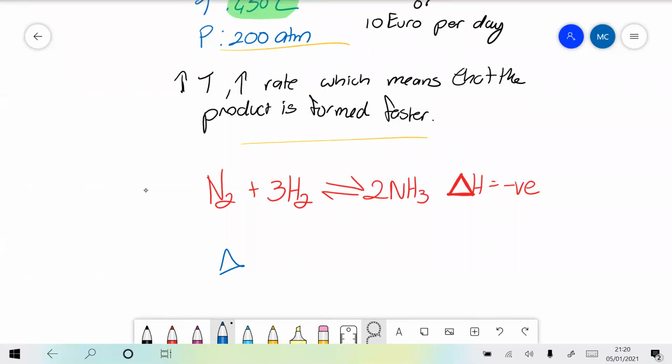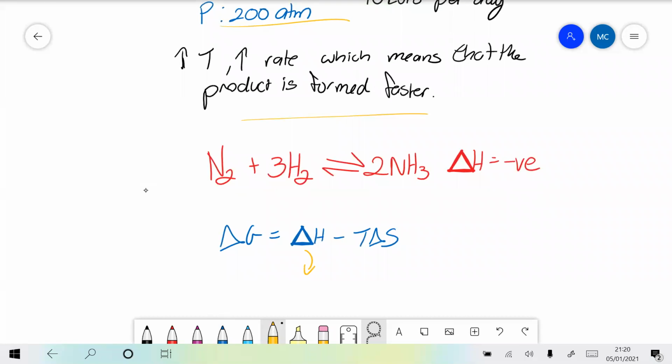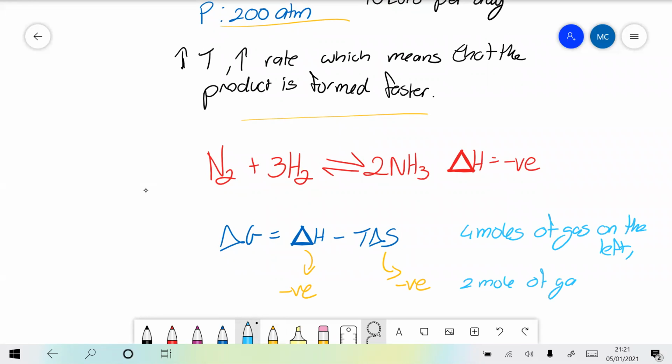So Gibbs free energy is delta G equals delta H minus T delta S. Now, in this example, delta H is negative and delta S is also negative. Why? Because there are 4 moles of gas on the left and 2 moles of gas on the right.